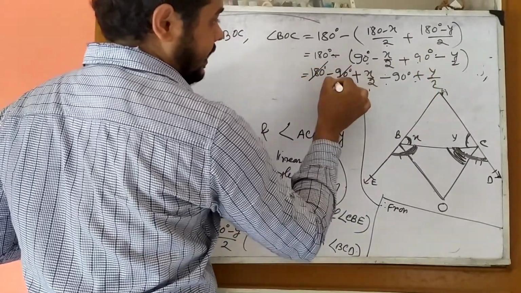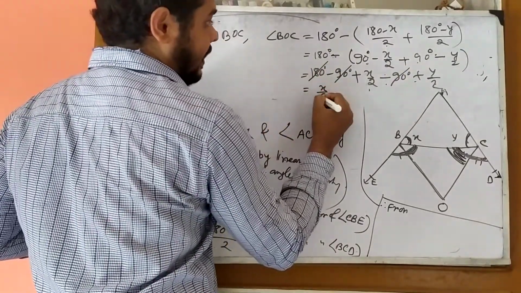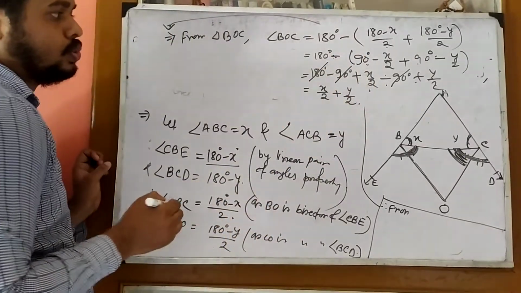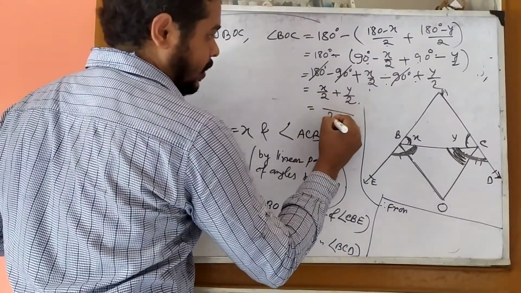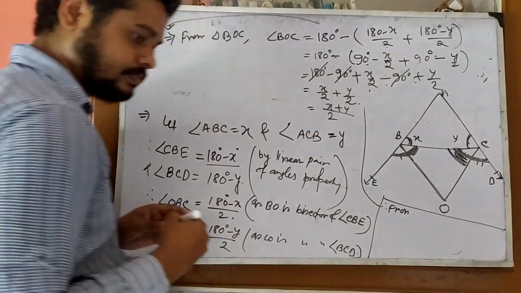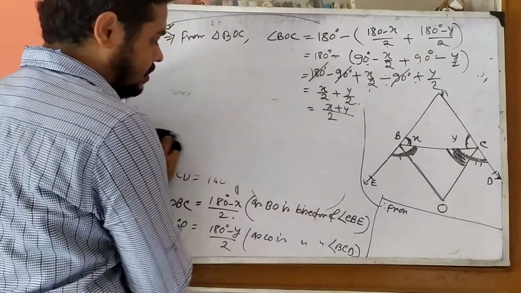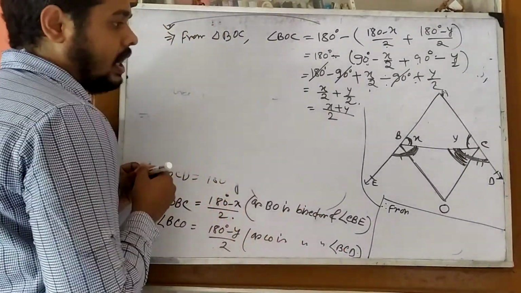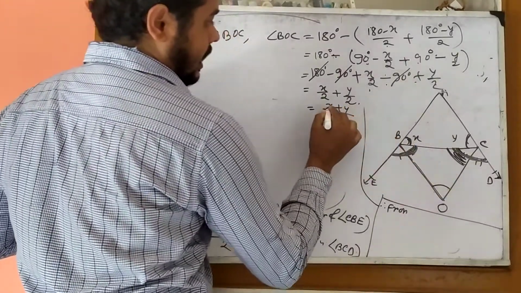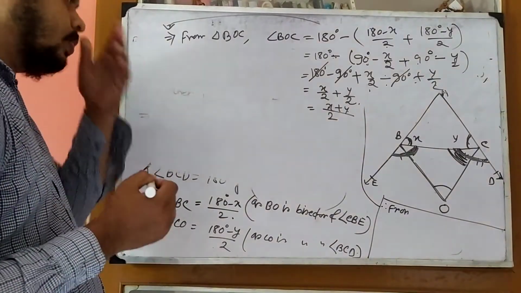Now 180 minus 90 minus 90 cancels, leaving X by 2 plus Y by 2, that is, after taking the LCM, (X plus Y) by 2. So this angle is (X plus Y) by 2.